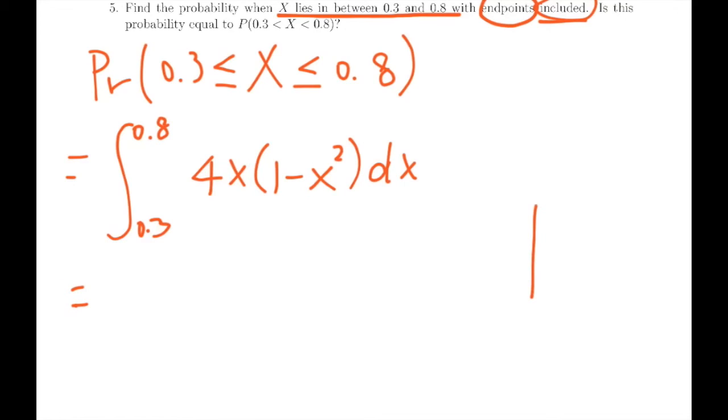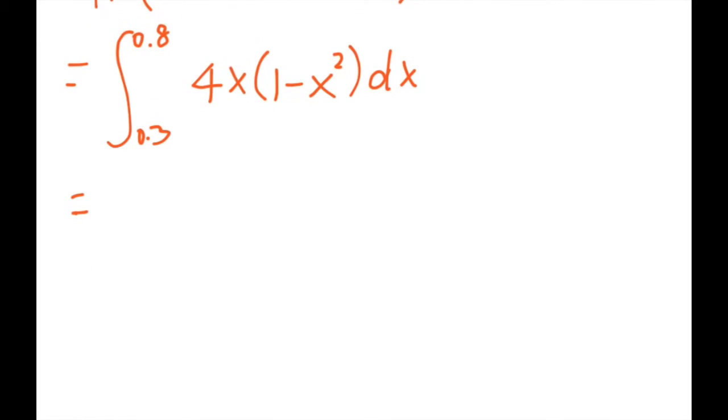And again, we can break up the parentheses, have 4 times x minus 4 times x cubed dx.